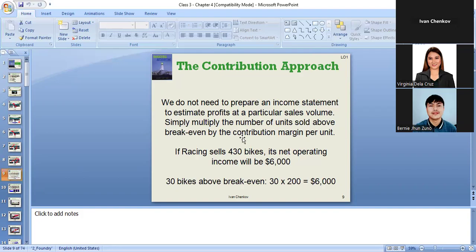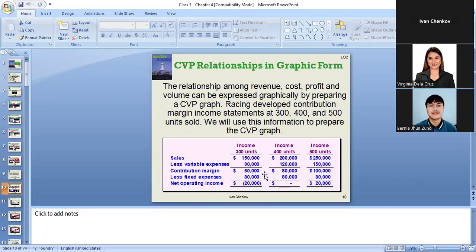If the 400 units we're selling is at the break-even, what if we sell 430 bikes? That means 30 bikes above the break-even. From every bike, we generate $200 times 30 bikes. That gives us a $6,000 increase in our operating income.